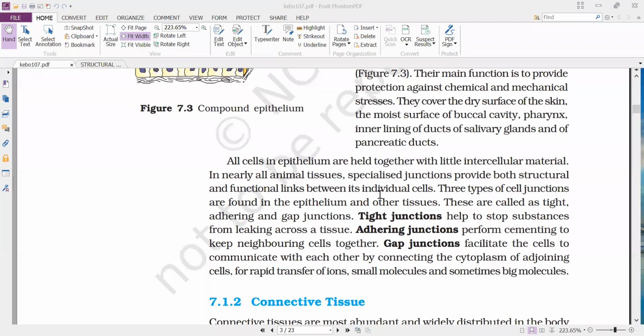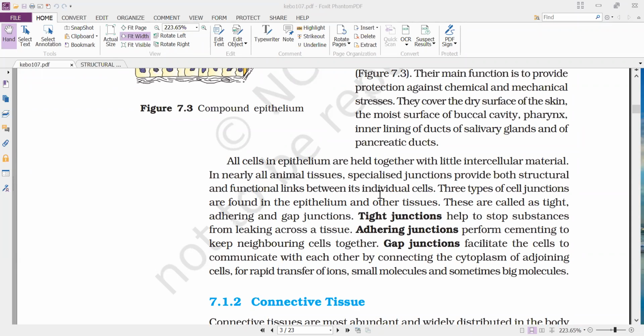How is this coordination brought about? There must be some connections between the different cells present in the tissue or organ. Some specialized junctions are present, which provide both the structural and functional links between individual cells.